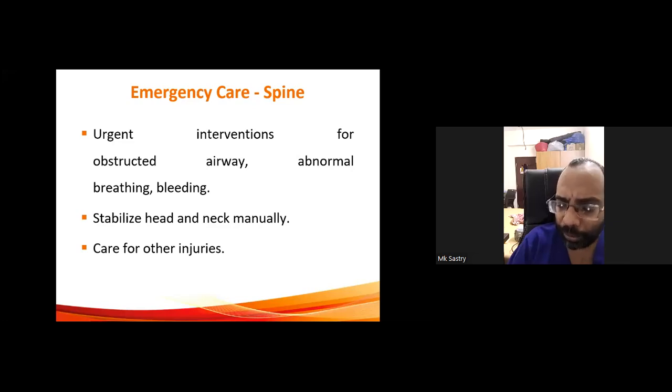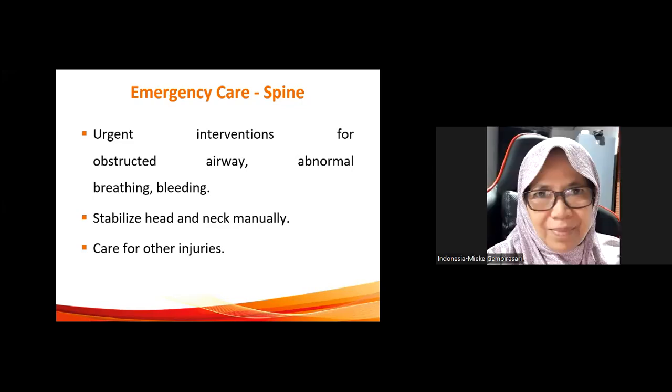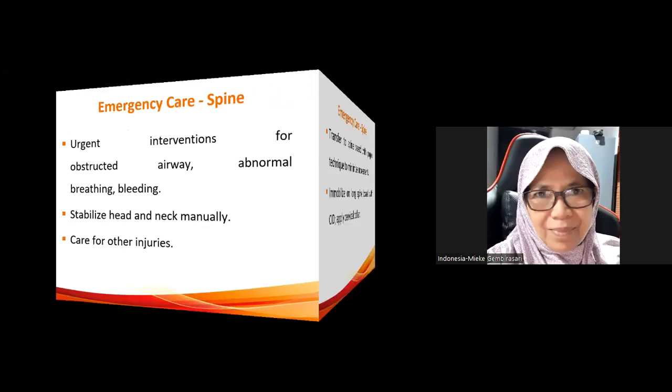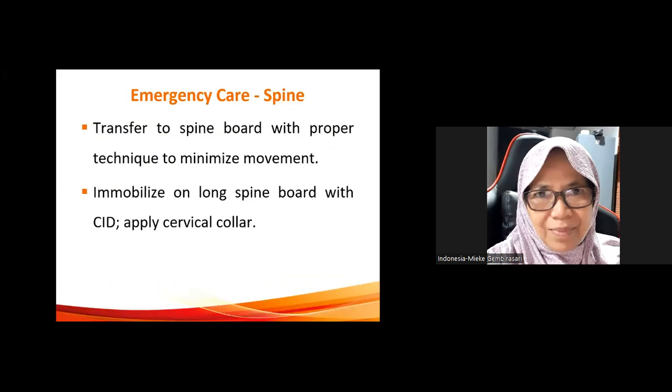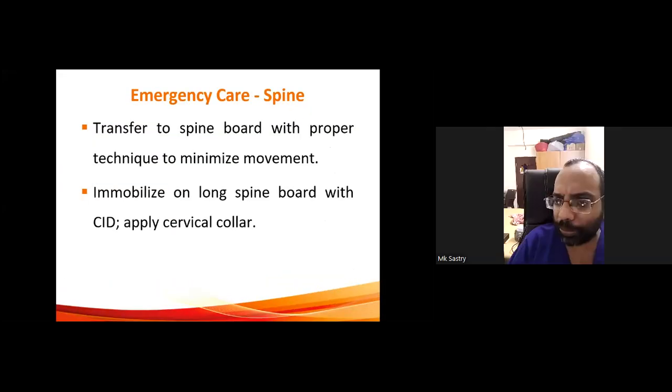So a neck collar has to be put on so that his neck is stable and he does not move the neck, and care for other injuries, right? Yes, sir. Next, transfer to the spinal board with proper technique to minimize movement.